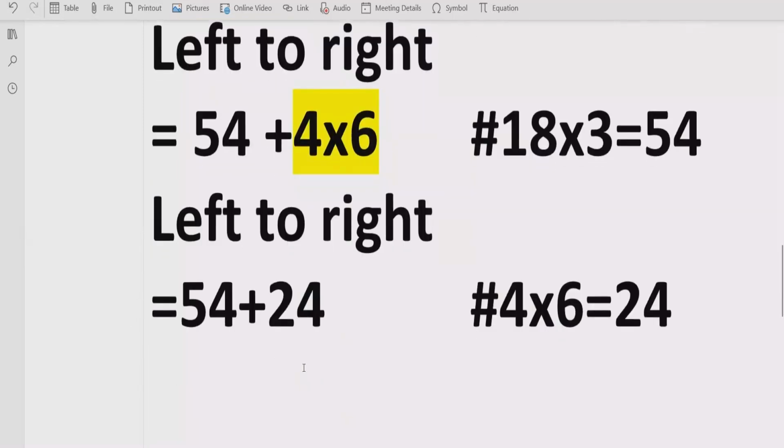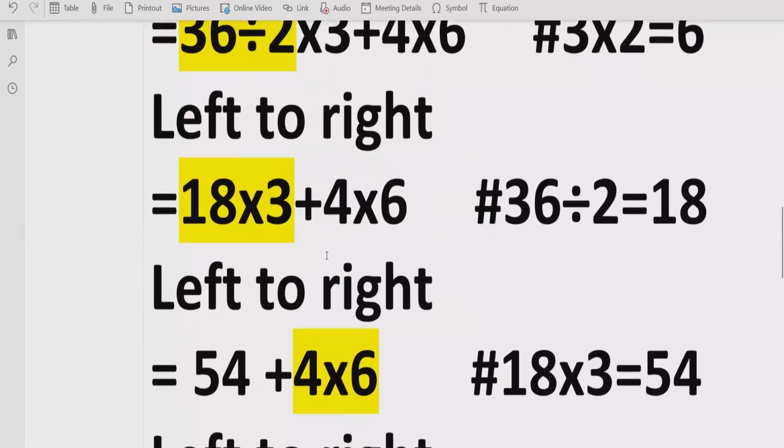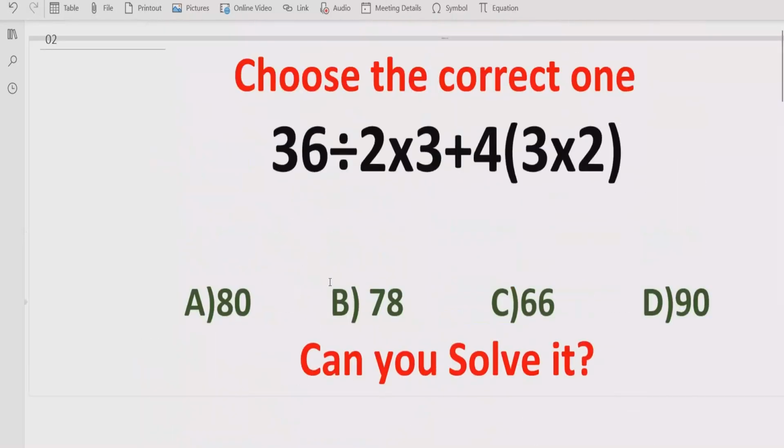Now we have two terms which are added to each other, so we add them and get the correct answer. The answer of the given expression is 78. So if you see the answer list, answer B is the correct answer.